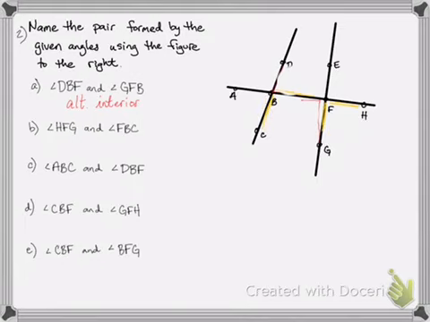Okay, this is always the hardest one for people. So I've got this angle here, and I've got this angle here. And I want to know how they're related, what pair they are. Those would totally be corresponding angles because they're kind of in the same spot. One is kind of the bottom right of his group, and 2 is kind of the bottom right of its group. So these are corresponding angles.